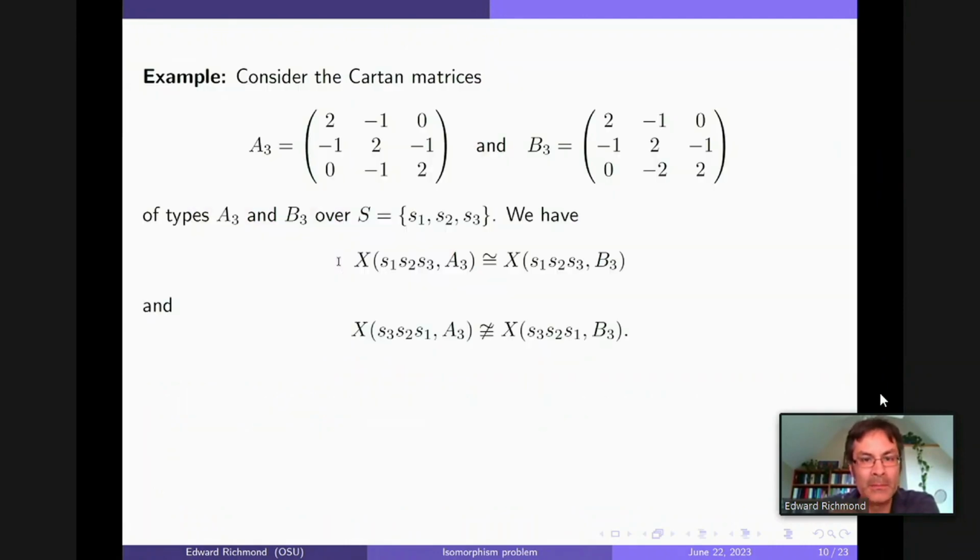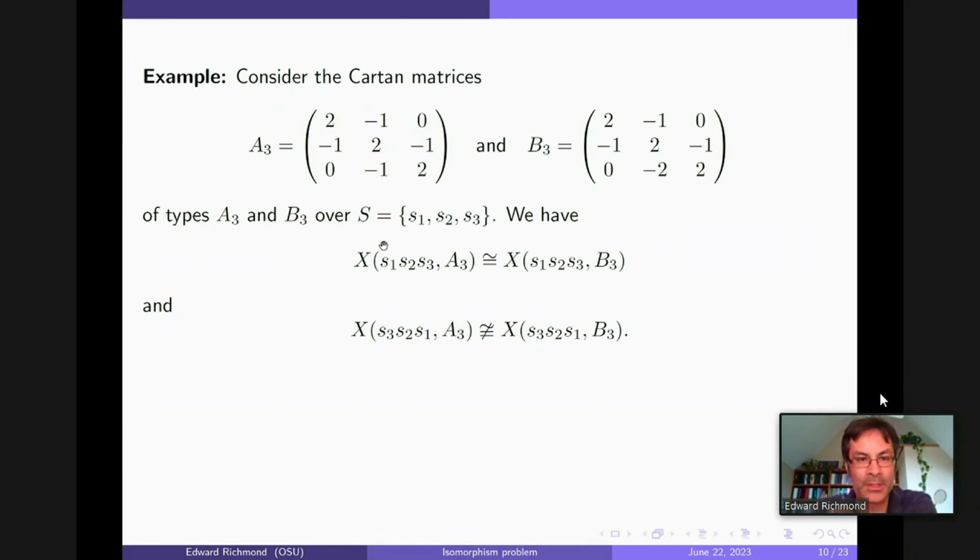Okay, so let's look at some examples of this theorem in action. Here I have A3 and B3, given by these Cartan matrices. I just dropped the primes, and I'm slightly abusing notation by using the type to indicate the matrix.